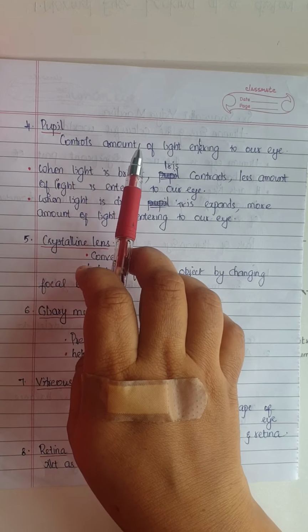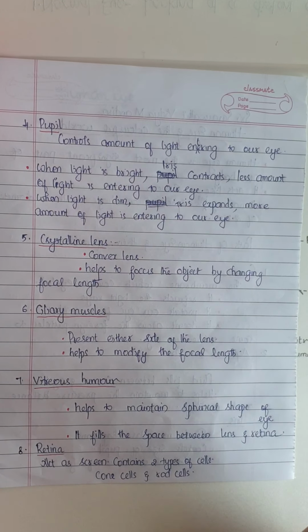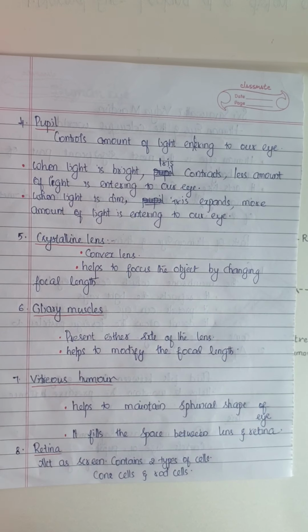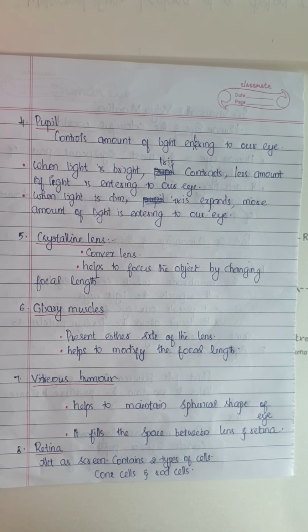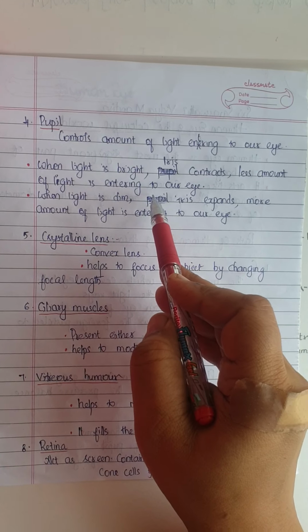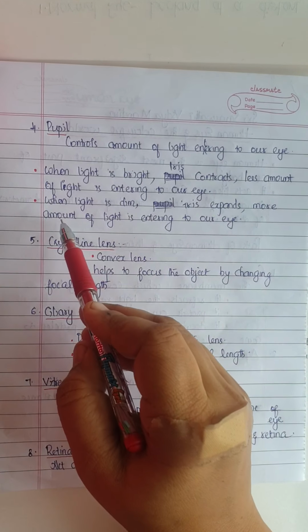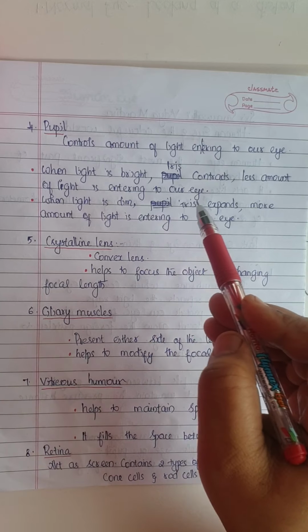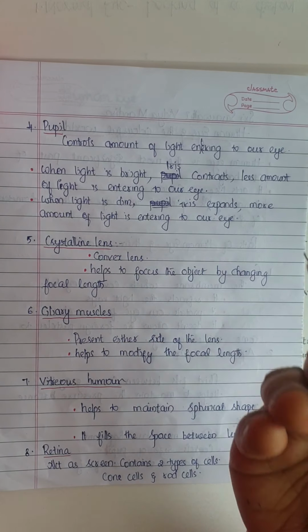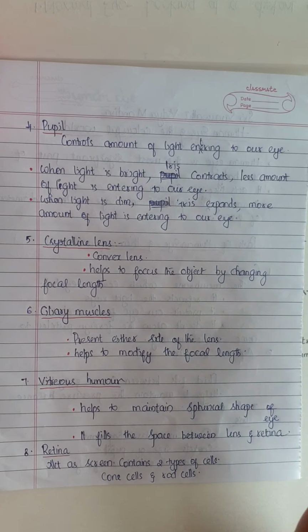Pupil controls the amount of light entering our eye. When the light is bright, what will happen? The iris contracts and less light enters our eye. When light is dim, then what will happen? Iris expands, then more light enters our eye.